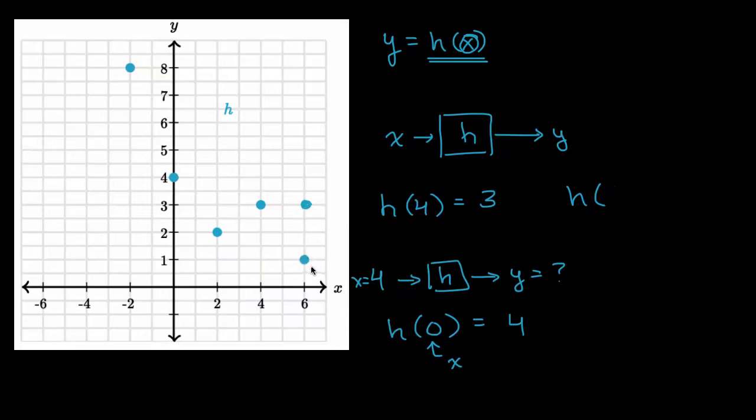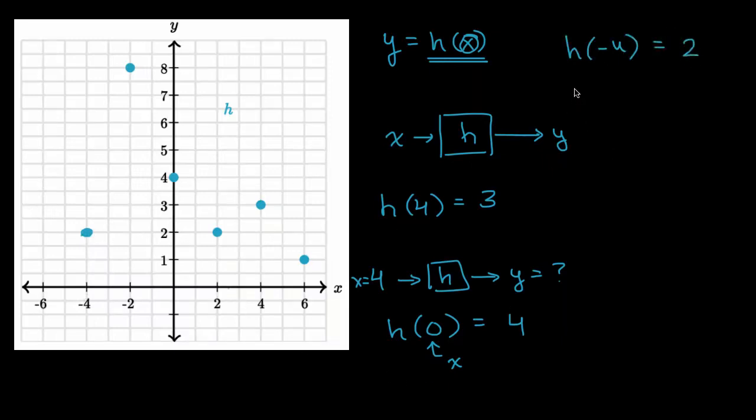Now, the other way is possible. It is possible to have 2 different x's that output the same value. For example, if this was circled in, what would h of negative 4 be? Well, when x is equal to negative 4, when you put that into our function, it looks like the function would output 2. So h of negative 4 would be equal to 2.